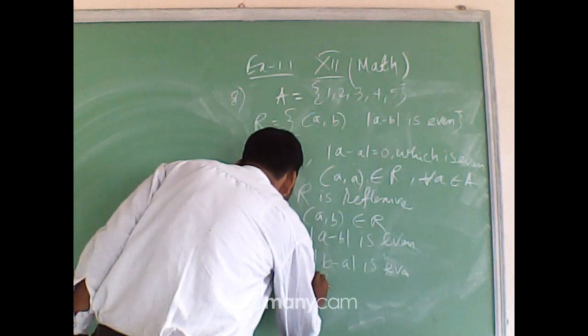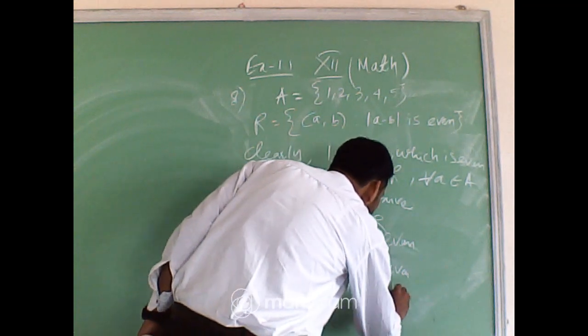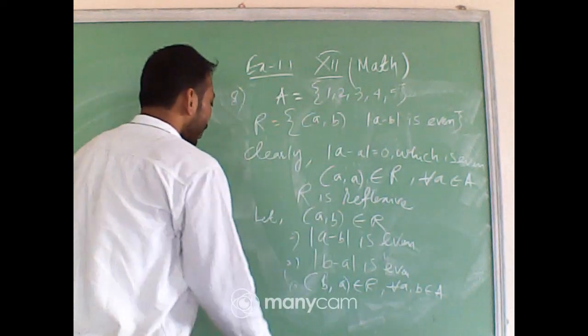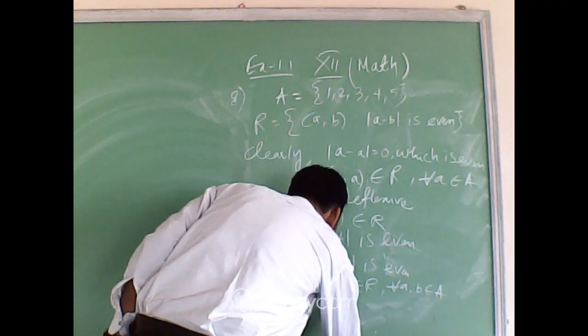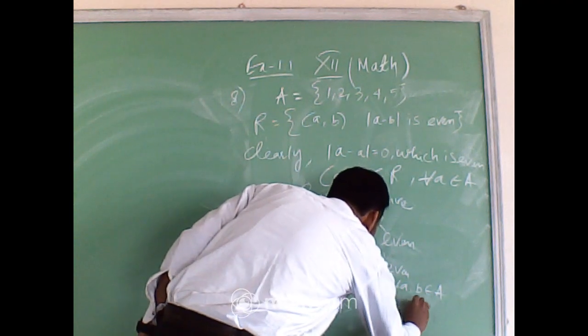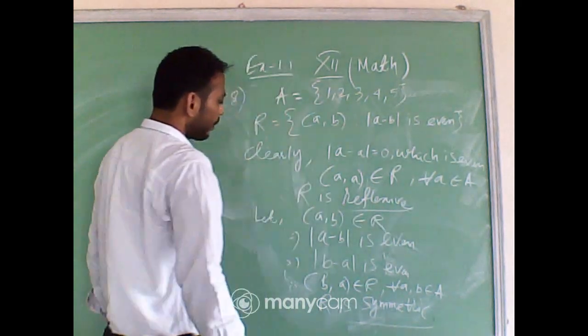So therefore, the ordered pair (b, a) belongs to R for all a, b belongs to A. Therefore, R is symmetric. R is reflexive and symmetric.